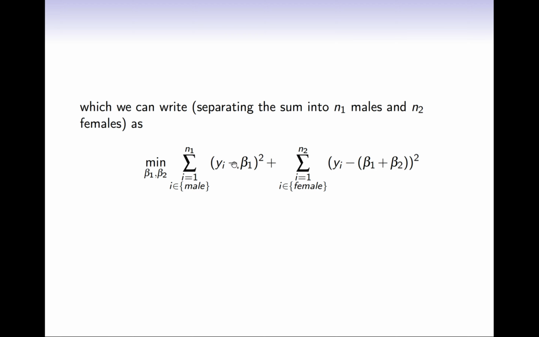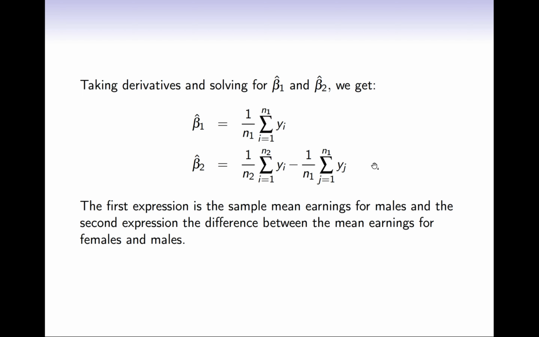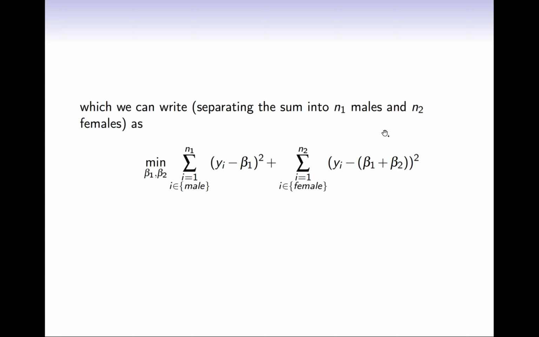So for males, they just have beta 1, and for females, they have this. We could call this term gamma, and you can see that beta 1 hat is going to correspond to the mean for the males, and gamma hat is going to correspond to the mean for the females.